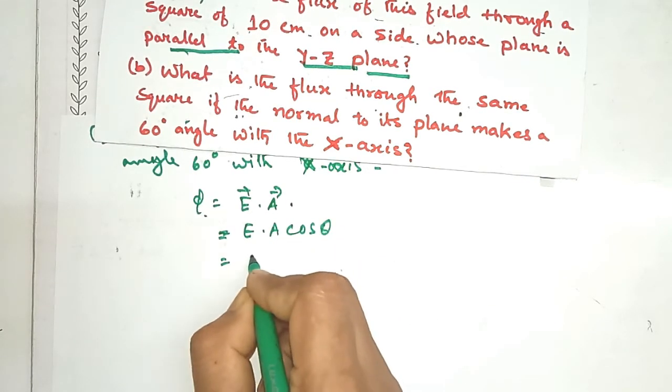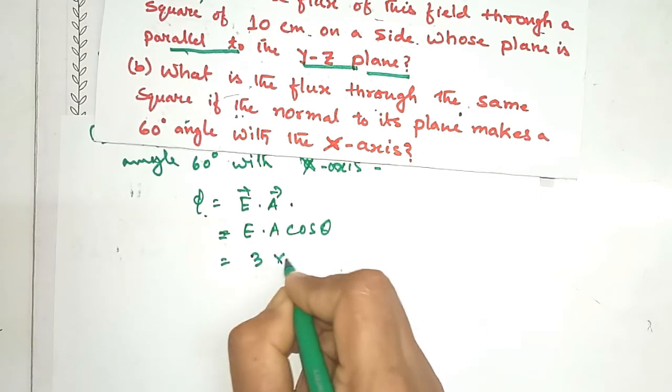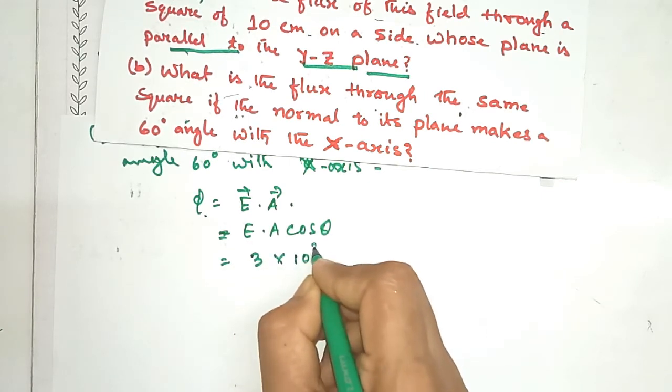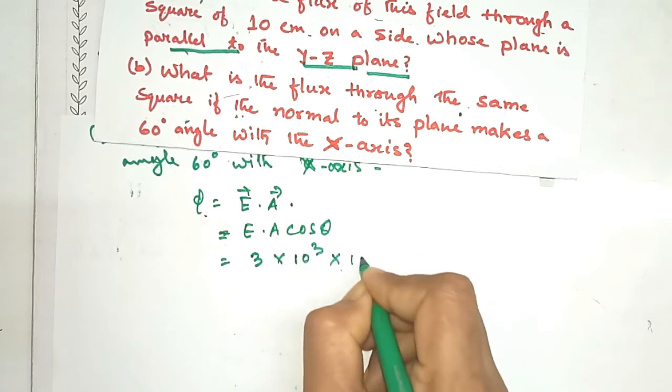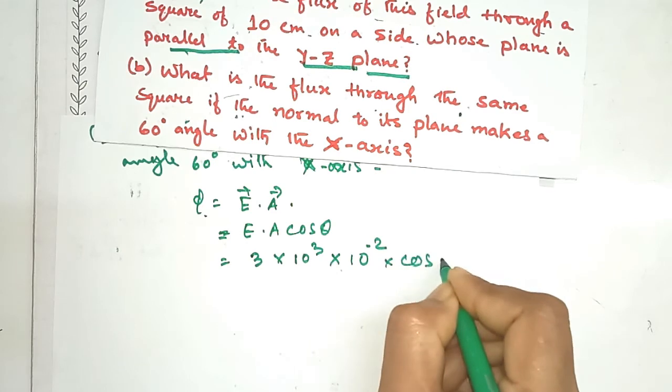So we can write the value of E, that is 3 into 10 to the power 3, into value of A is 10 to the power minus 2, into cos 60-degree.